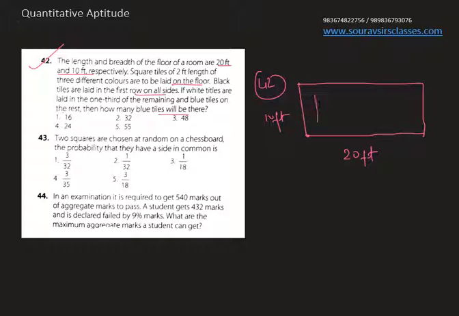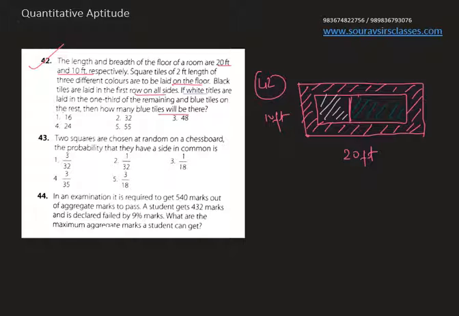Here, this portion is laid off by black tiles, and 1/3 of the remaining is laid off by white tiles, and the remaining portion is laid off by blue tiles. Now we need to find how many blue tiles will be there.